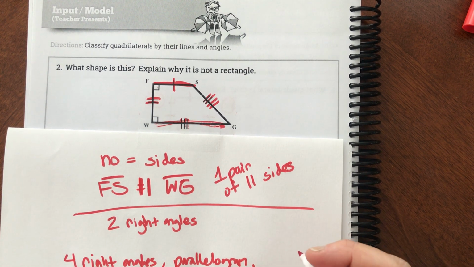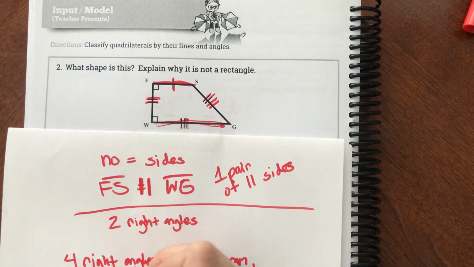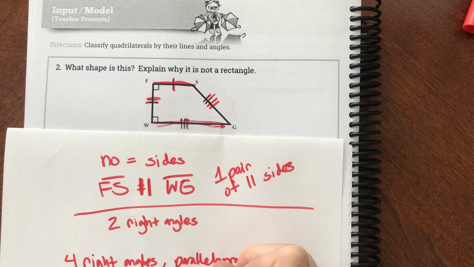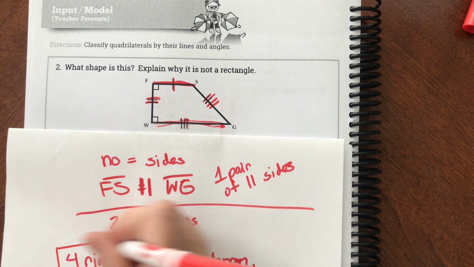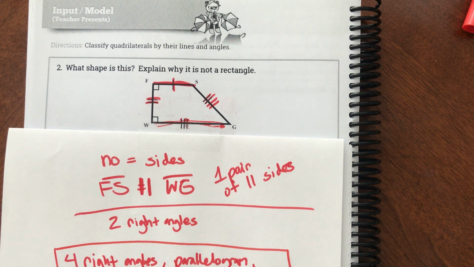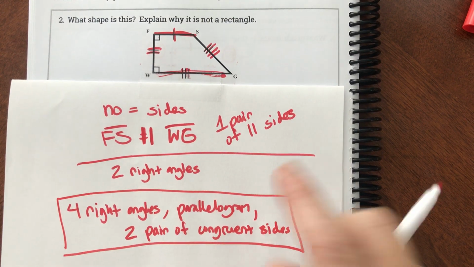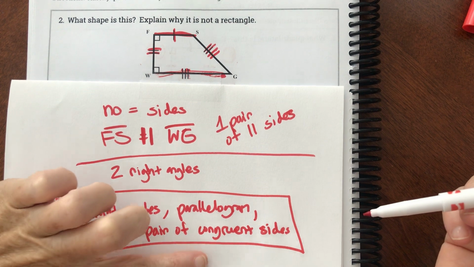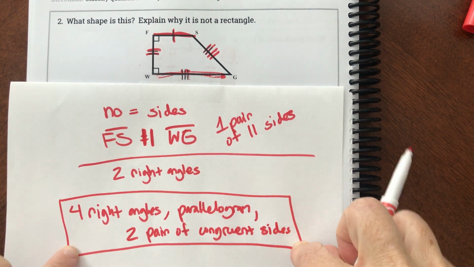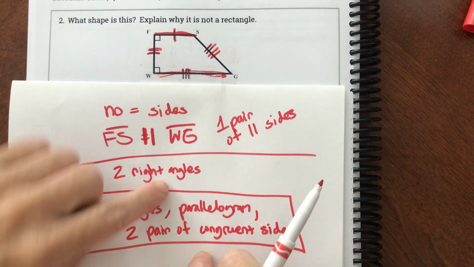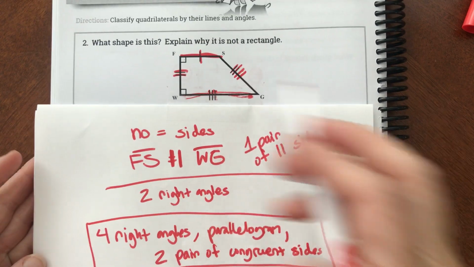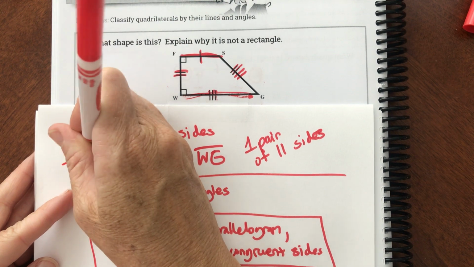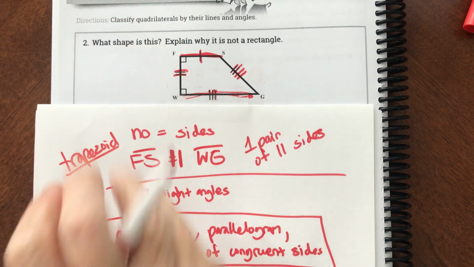And it also has 2 pairs of congruent sides. That is what you need to be a rectangle. You have to have 4 right angles, has to be a parallelogram, which means 2 pairs of parallel sides, and then you have to have 2 pairs of congruent sides. That's why this is not a rectangle. So I'm saying it's not a rectangle, but it is a trapezoid.